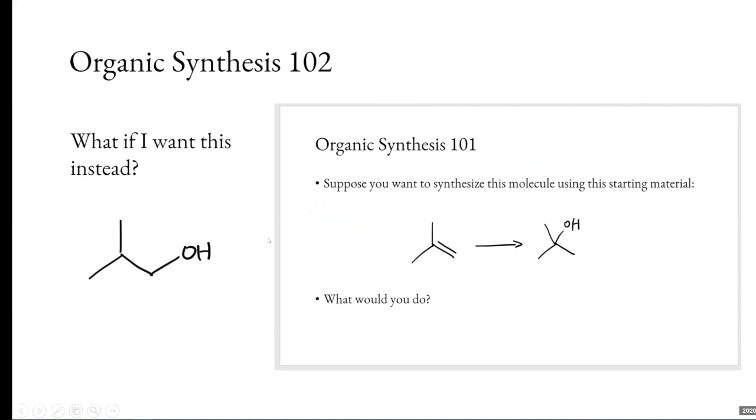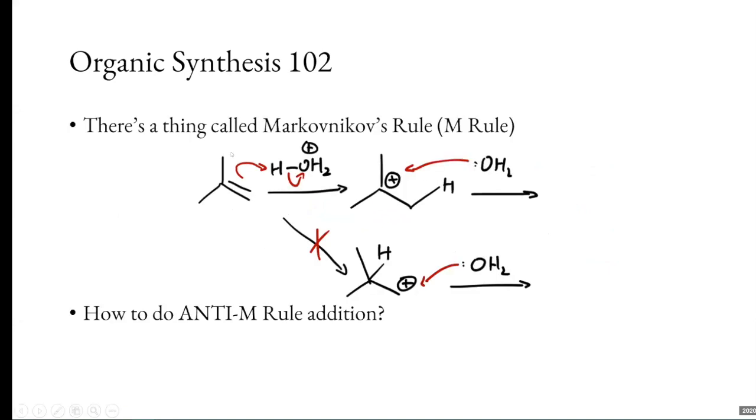If you only add water and protons, there's a thing called Markovnikov's rule, which states that the carbocation intermediate will always want to stay in a more stable position, in this case the tertiary carbocation position.